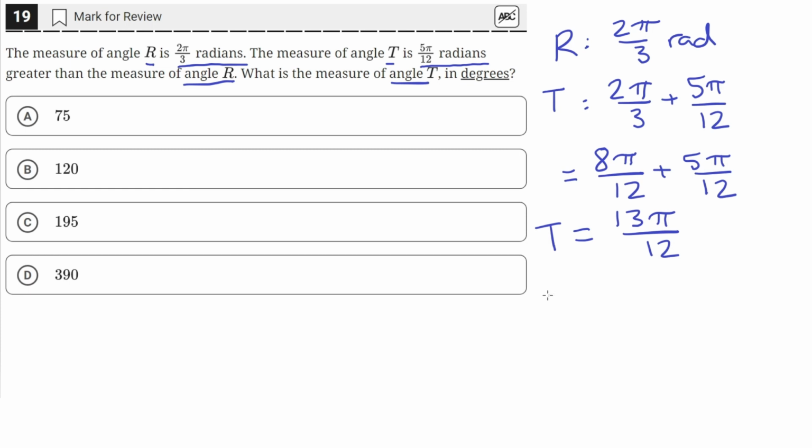Well, we know that pi radians is equal to 180 degrees.